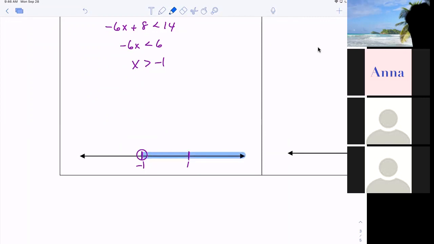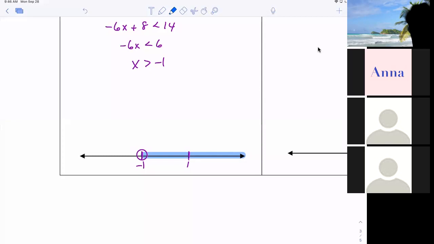Pay attention first. Let me go through a couple examples, get your mind wrapped around it, and then start asking me questions. William, good, good, good. It's open because there's no equal to. Open if there's no equal to.